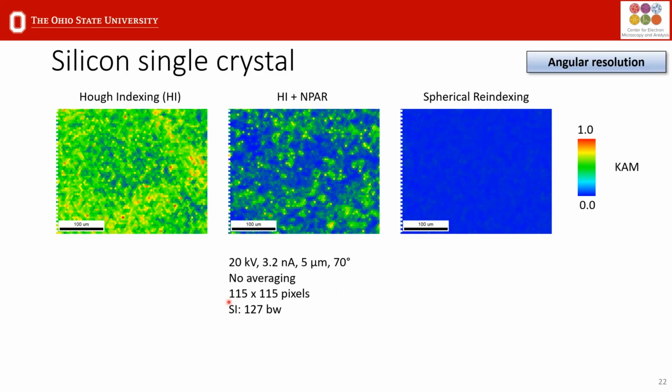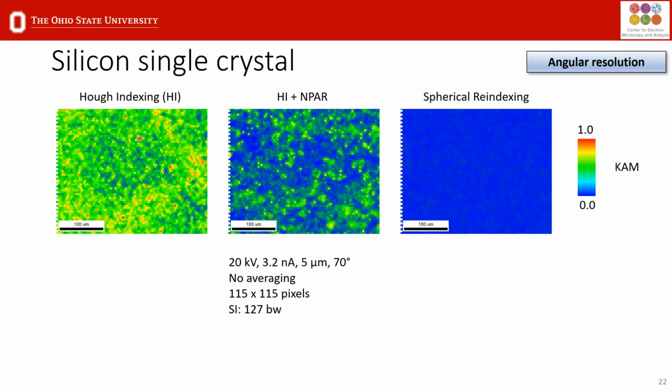We binned down the detector to 115 by 115 pixels, and we used 20 kV, 3.2 nanoamps or 6.4 nanoamps. In this case, we scanned it over a relatively large area with quite a big step size, and the sample was tilted at 70 degrees.